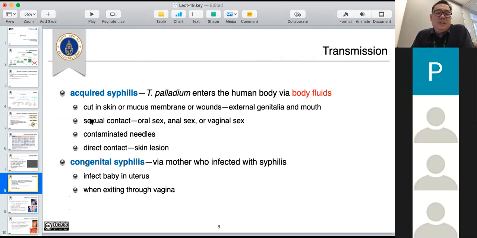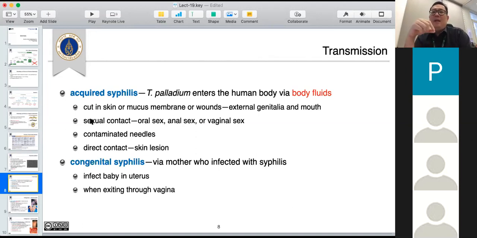The transmission of Treponema has two different ways. One, we call the mode of transmission related to the disease they cause. One disease is called acquired syphilis. Acquired syphilis happens when the bacteria enter the human body by body fluid.